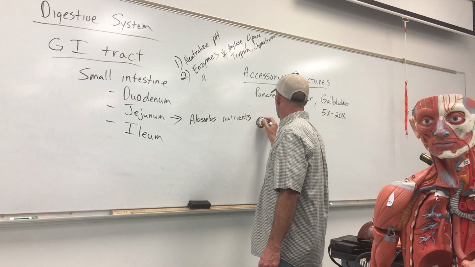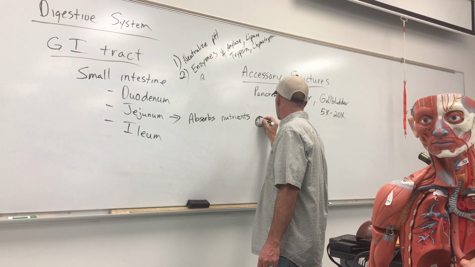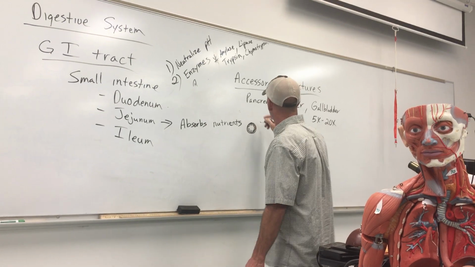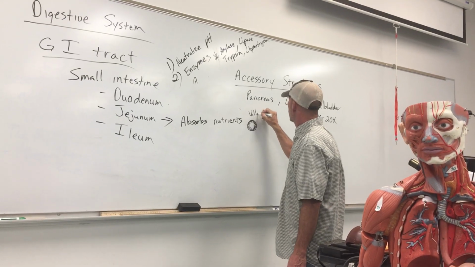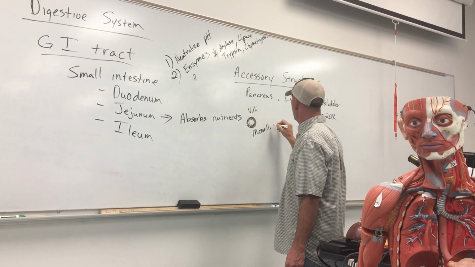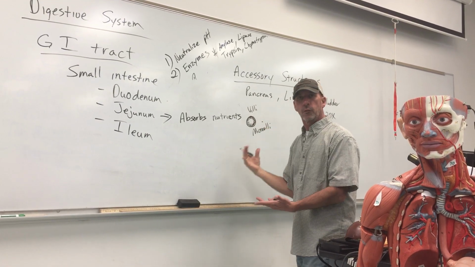Now the villi here are actually covered with little tiny microscopic structures that we call microvilli. So it's between these villi and the microvilli that it really increases the surface area.